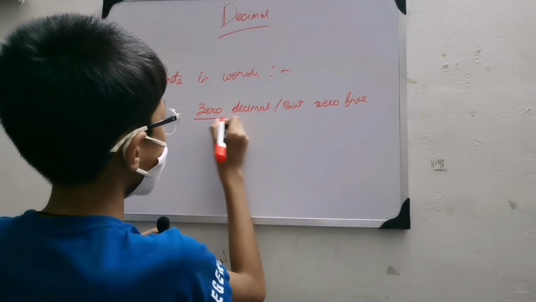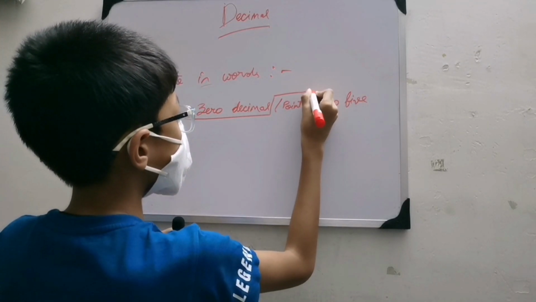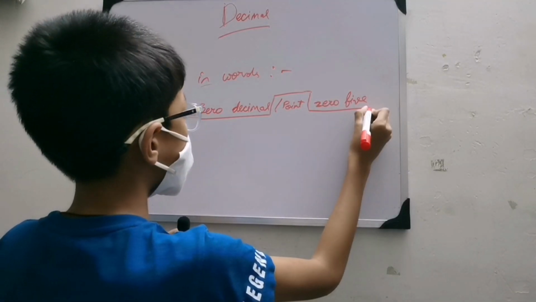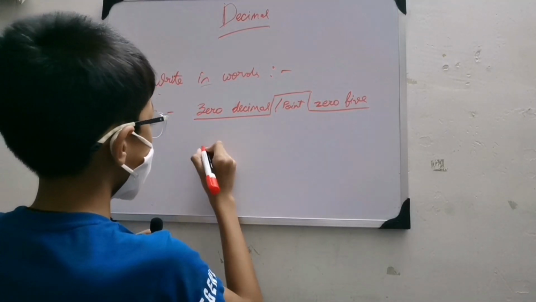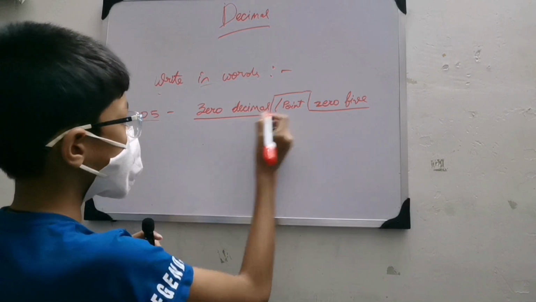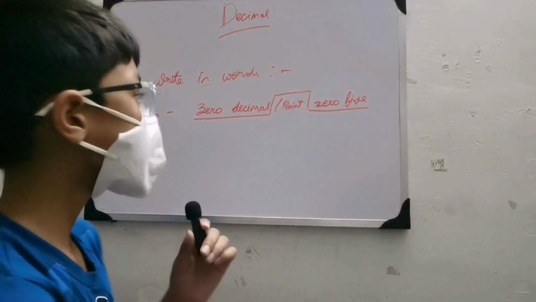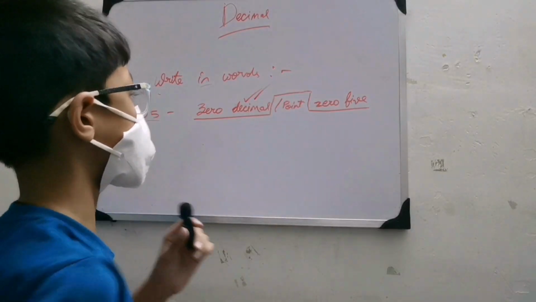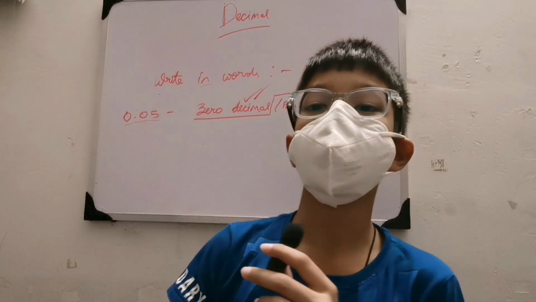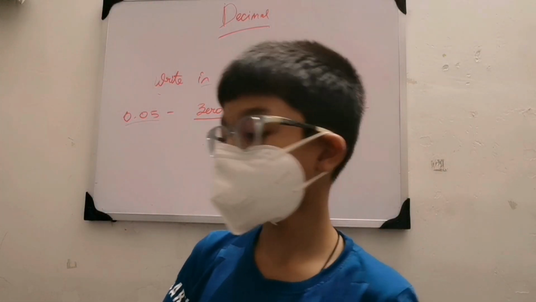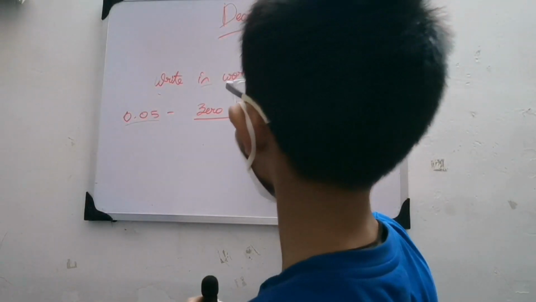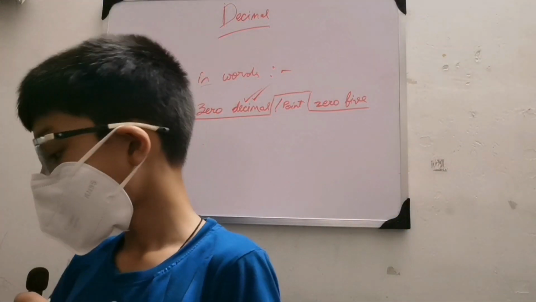So you can write 0 decimal 05 or 0.05. It's up to you. You can write both, but I prefer you write 0 decimal. Now it's up to you what your teacher will teach you, but better you write 0 decimal.